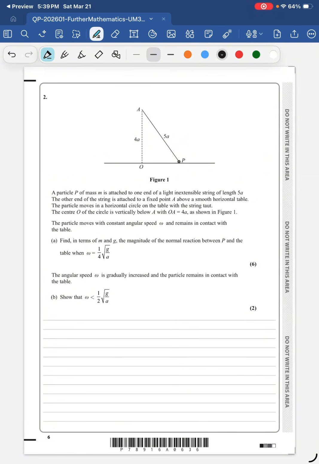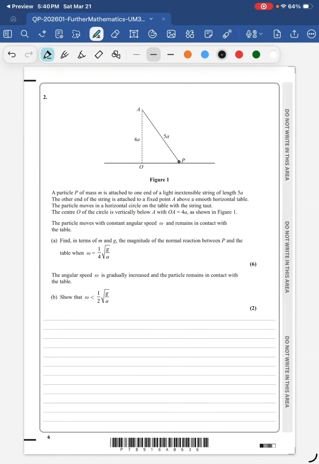So a particle P of mass m is attached to one end of a light inextensible string of length 5a. The other end of the string is attached to a fixed point A above a smooth horizontal table. The particle moves in a horizontal circle on the table with the string taut.